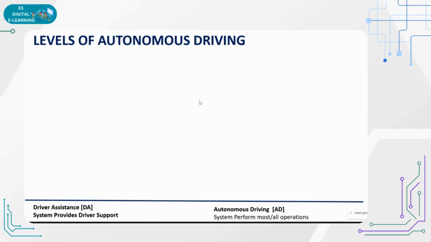DA is where the system provides the driver support, and autonomous driving is where the system performs most of the operations, meaning automatic driving.